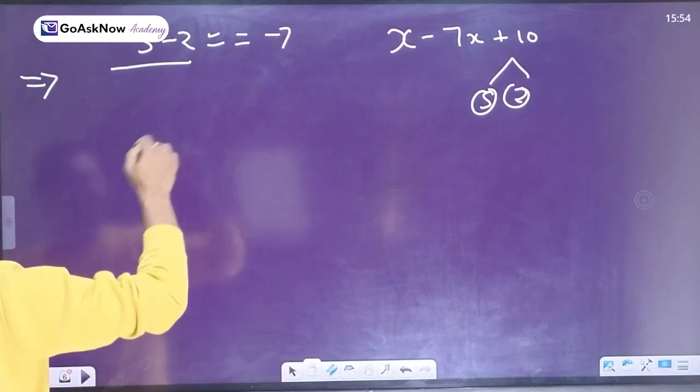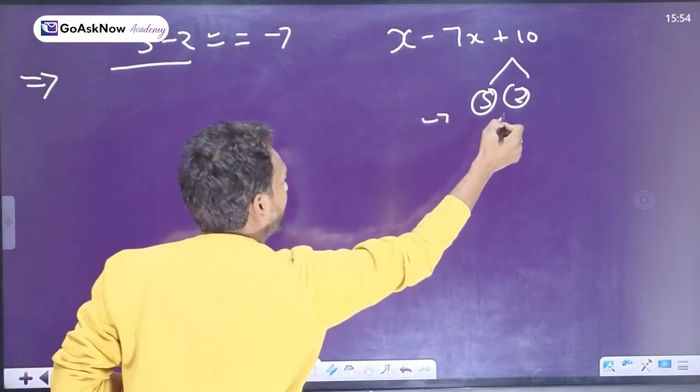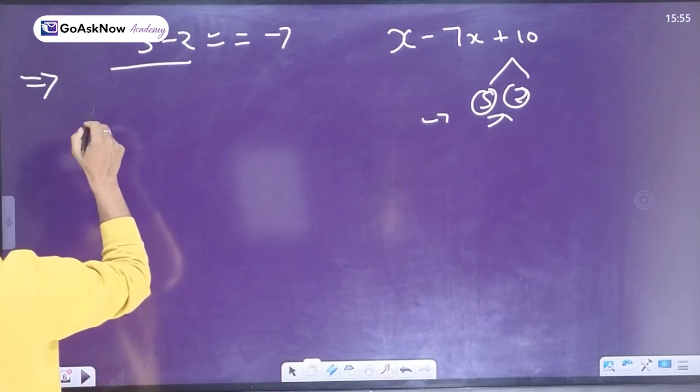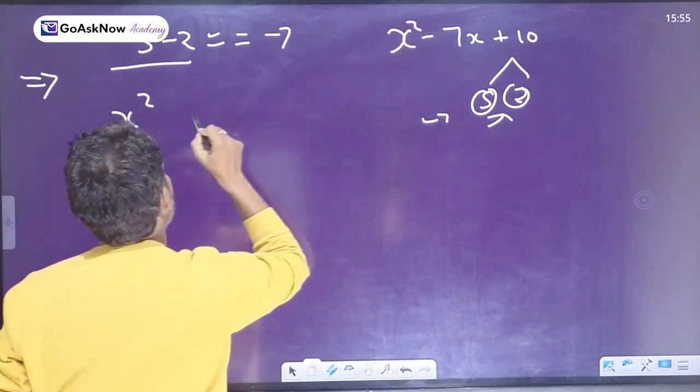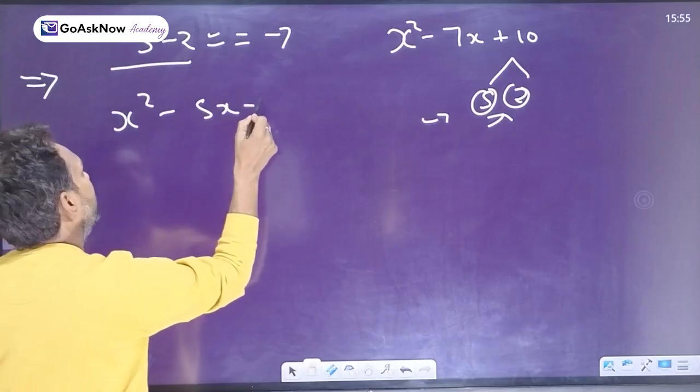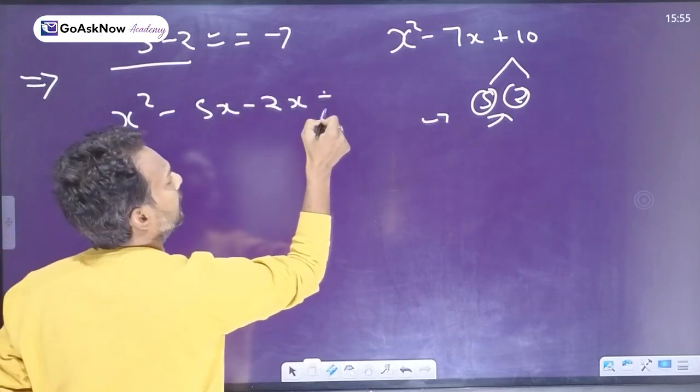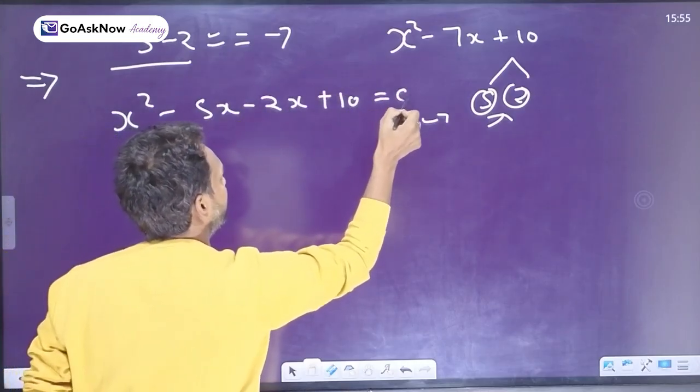Therefore, 5 and 2 will be helpful in splitting this middle term. So we will write this as x square minus 5x minus 2x plus 10 is equal to 0.